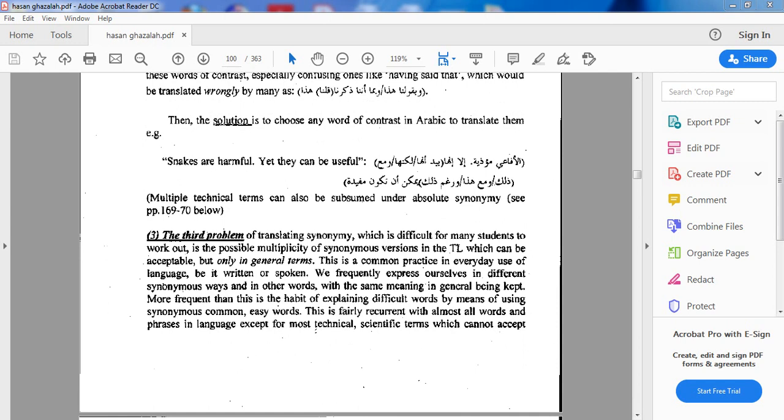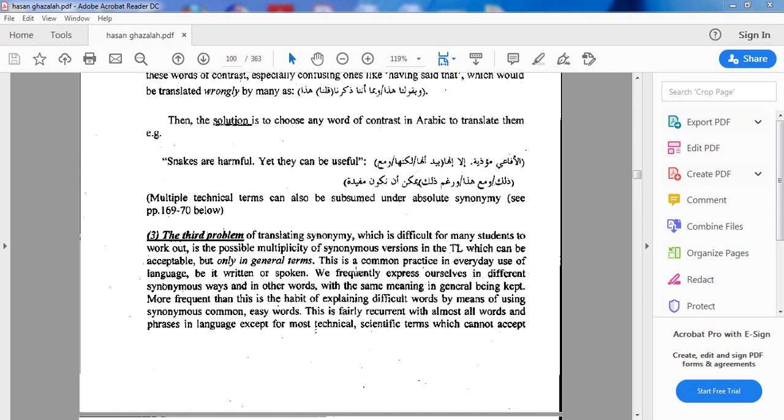The third problem here is that for the same item in English, we have synonyms in the translation. For the same item in English, its equivalent in Arabic, we have synonyms.